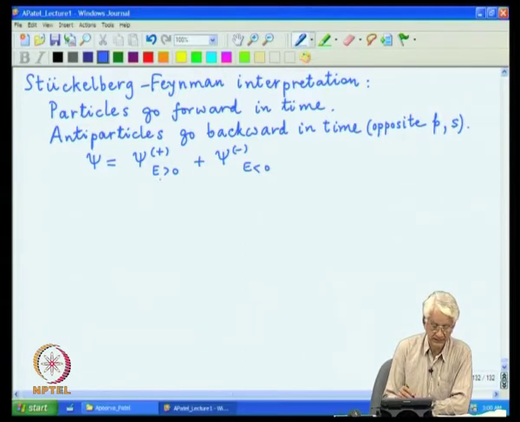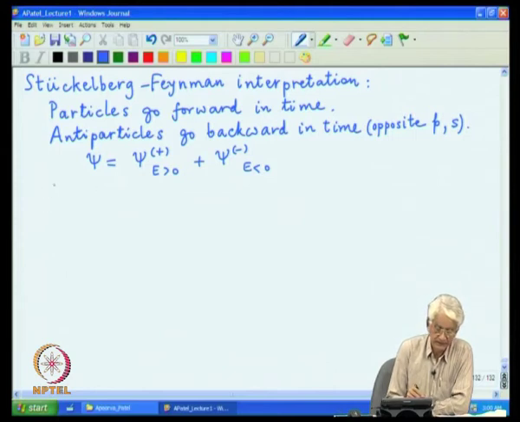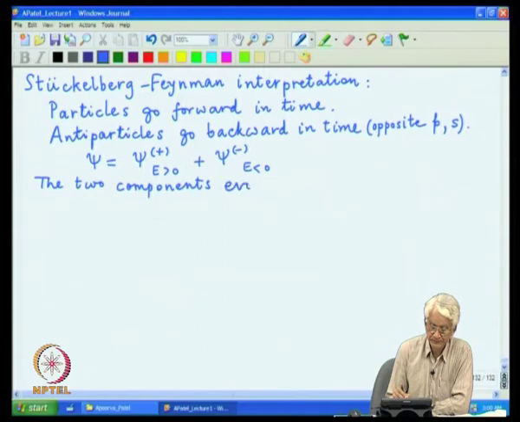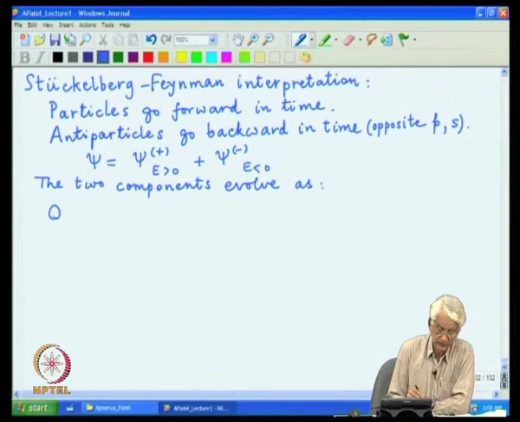Afterwards, now I can write independent equations for evolving both these modes, which are the same equation written together, but now projected into two different components. So, that two components evolve as positive energy goes forward in time.